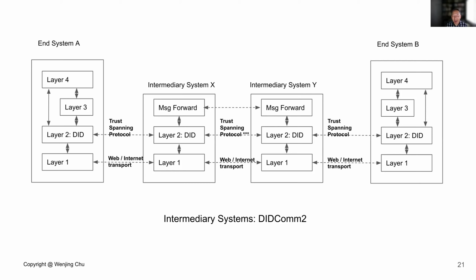So we allow maximum flexibility on who we trust and what kind of service we want to rely on. But the mediators in this case are not part of our trust system, so we don't have to rely on them for trust. We don't rely on them for keeping our private information.